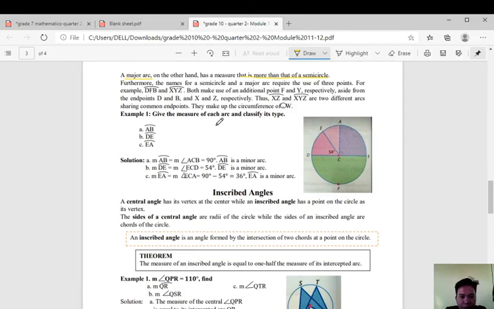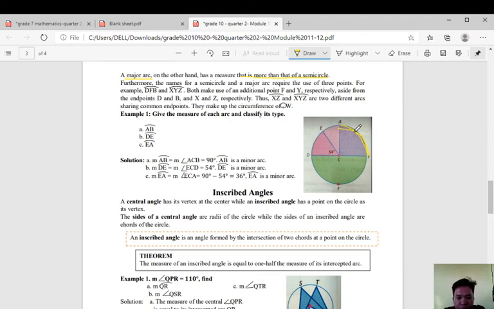Okay, let's go with the example. Give the measure of each arc and classify its type. Let's go first with the arc AB. This is arc AB. So what is the measure of arc AB?